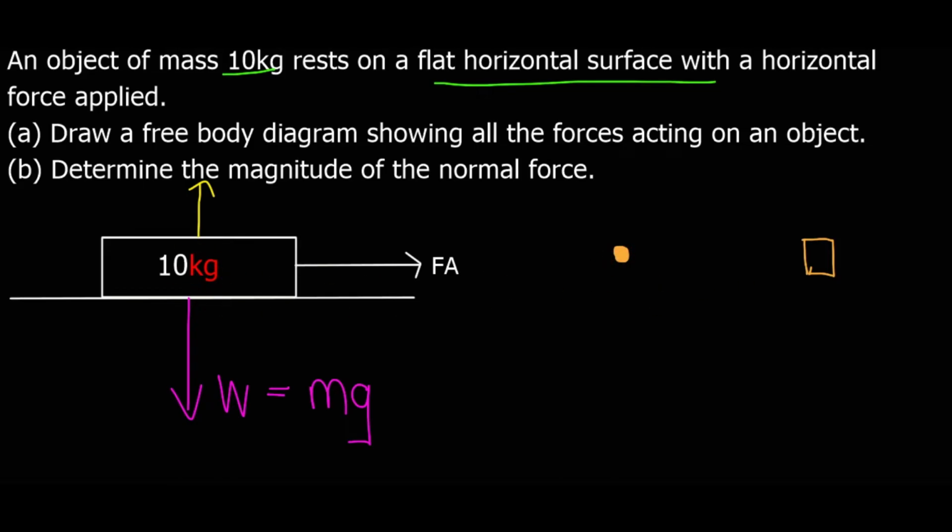Now we're going to draw the forces acting here. We have the applied force, in this direction, so we label it applied force. Then we have the force of gravity, which is always downwards, or you can say weight, it's all the same thing. And then we have a normal force.